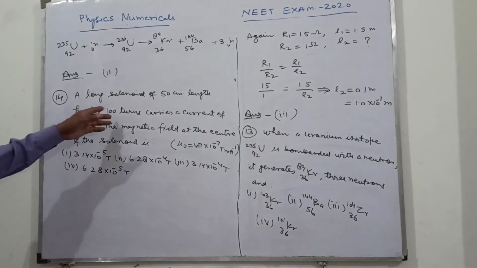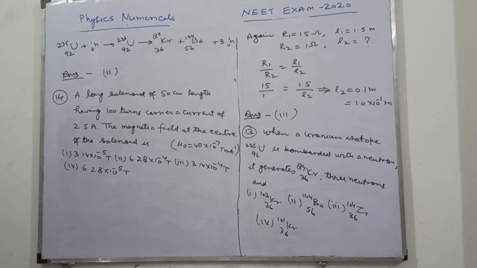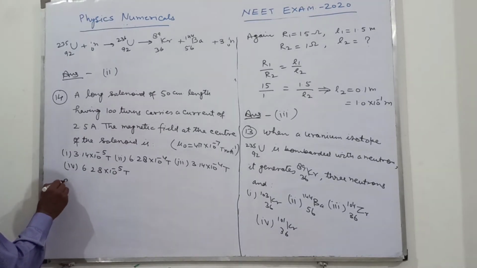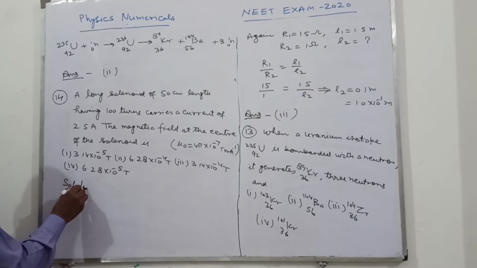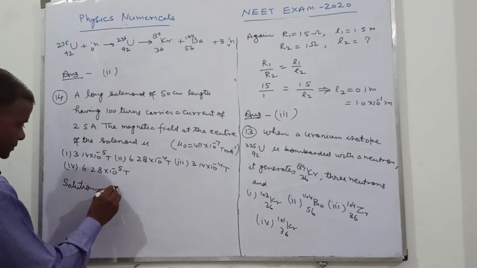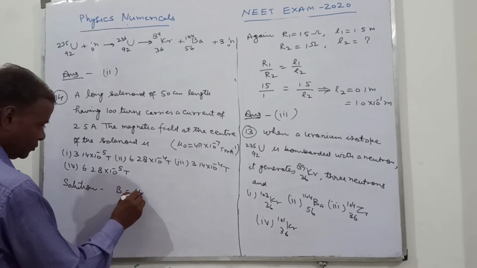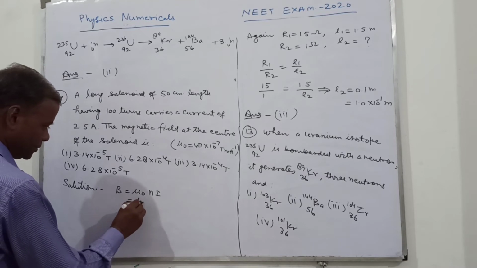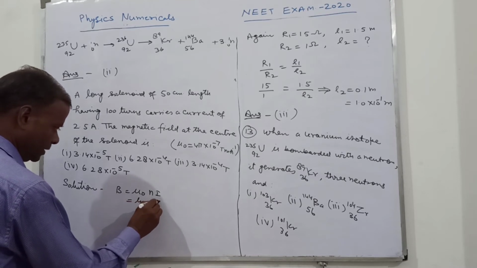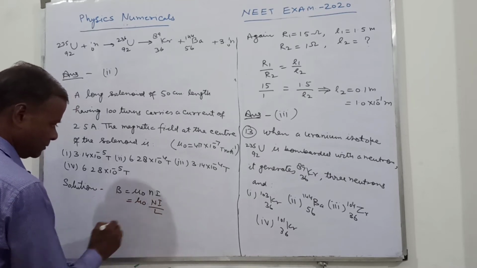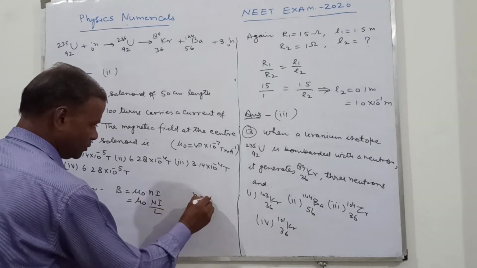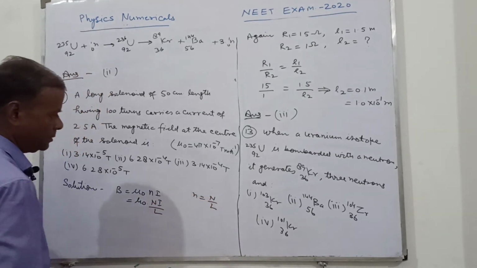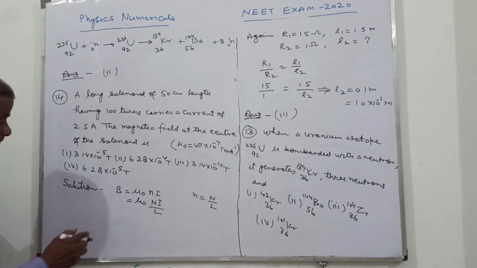So you are given the solenoid of length 50 centimeter. You know about the solenoid, B equal to mu naught n i. This is your mu naught into N i upon L, because n equal to N upon L, the number of turns per unit length.